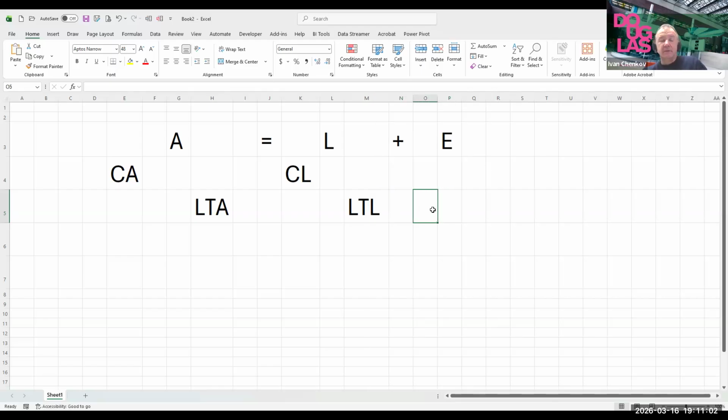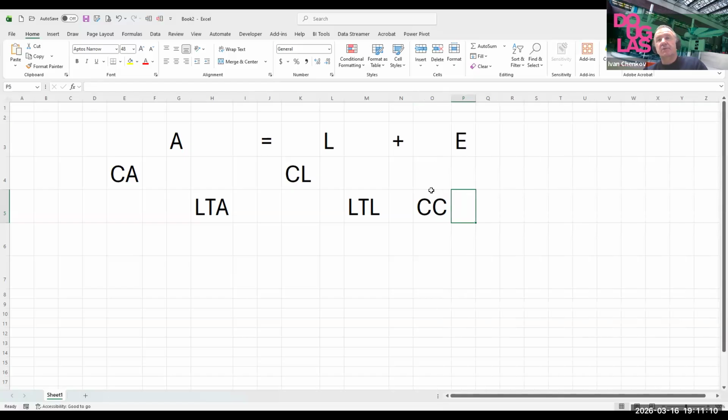Now, on the equity section, we saw this term: we have contributed capital, which comes from investments from the owners and shareholders, and we have the retained earnings. Retained earnings is the one coming from the income statement. So, the cash flow statement.